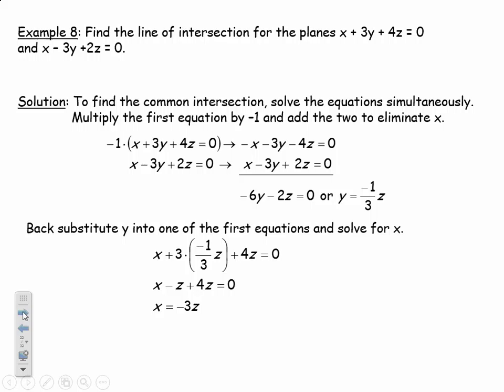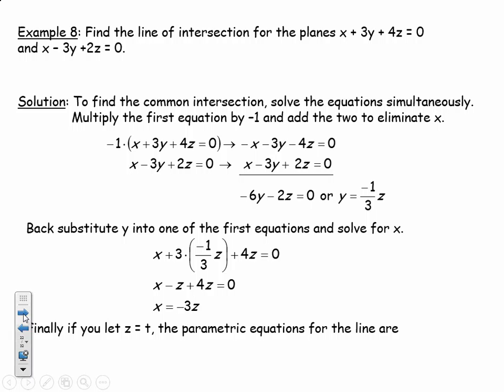Okay, so as long as we can get two equations with two variables in terms of the third, then we can write a set of parametric equations. So here I have y equals -1/3 z. I plug it into any one of our equations, so I can write x equals -3z. And then if we define t to be z, we can write our parametric equations.